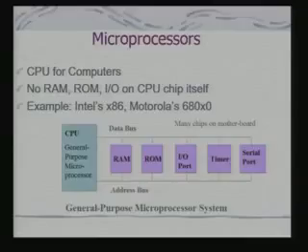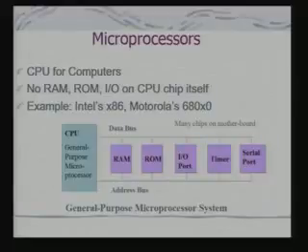We are all familiar with microprocessors, and microprocessors like Intel Pentium are used as the CPU for the computers that we use. Typically, a microprocessor does not have any RAM, ROM, or I/O on the chip itself.